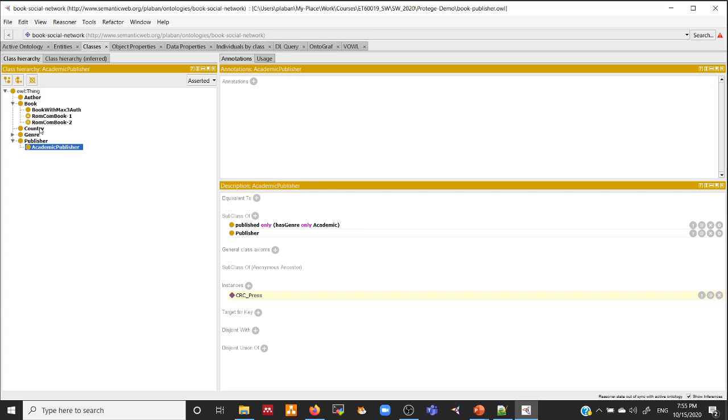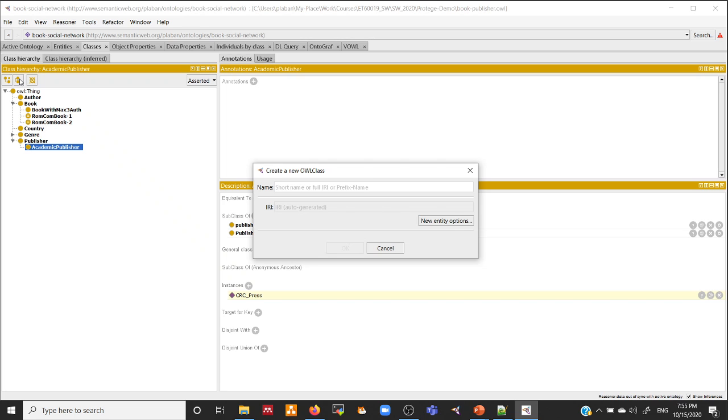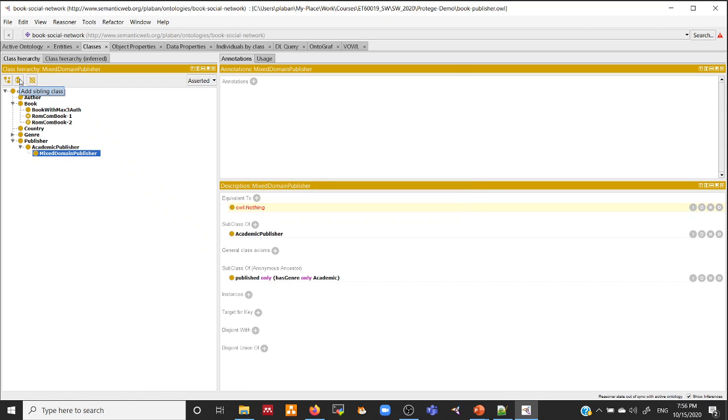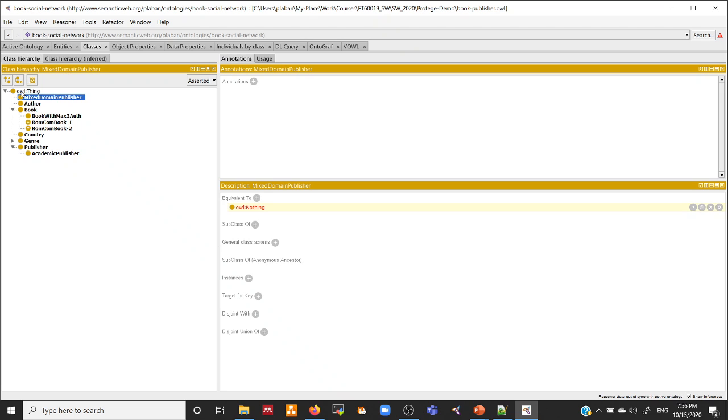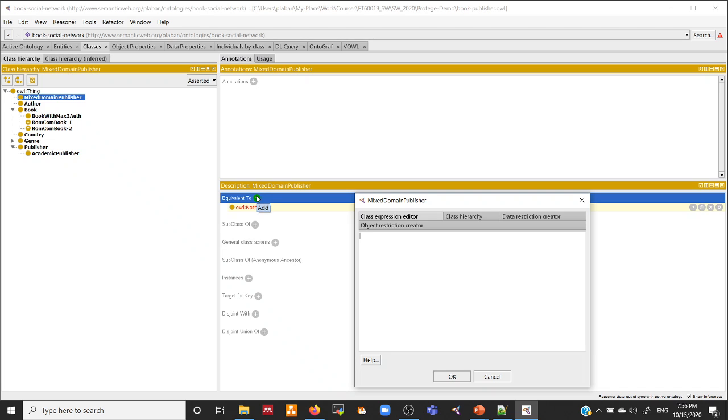So let us create this class, mixed domain publisher. We have defined this under academic publisher; we should put it under, say, thing, right? So this is equivalent to, let us first write the first expression.